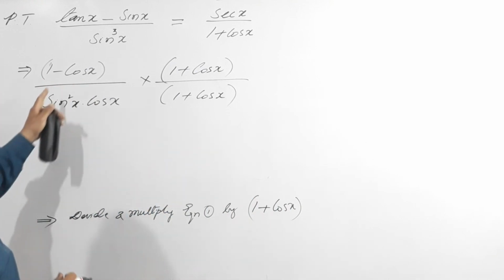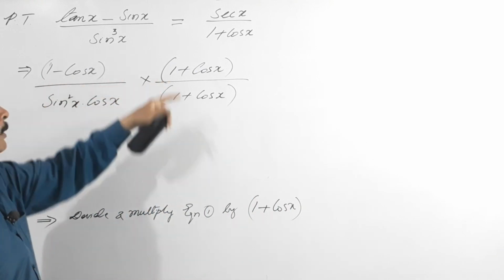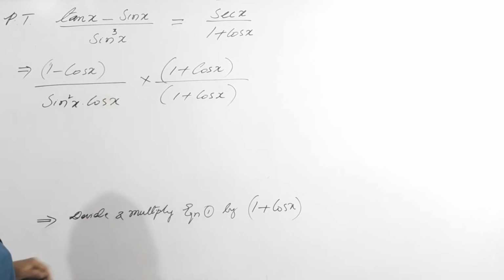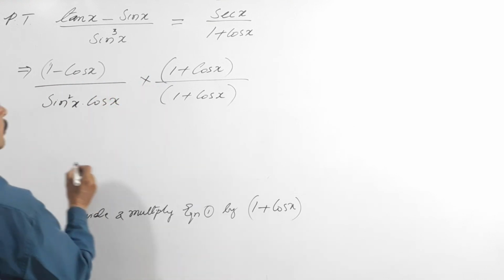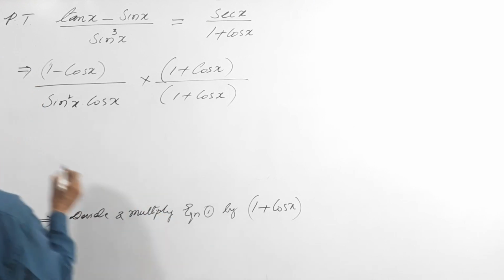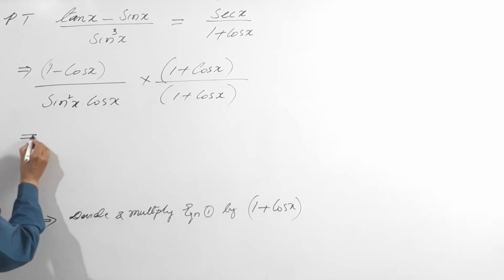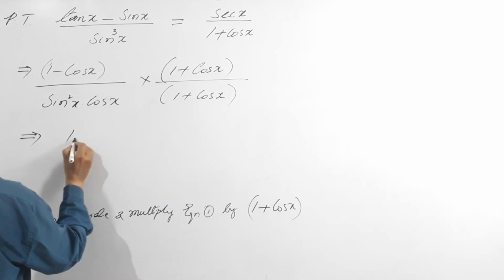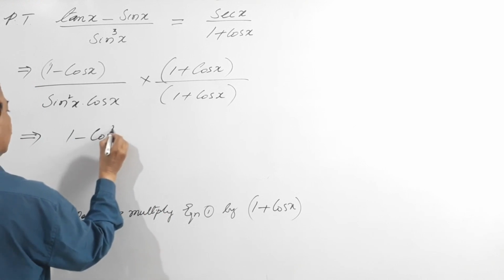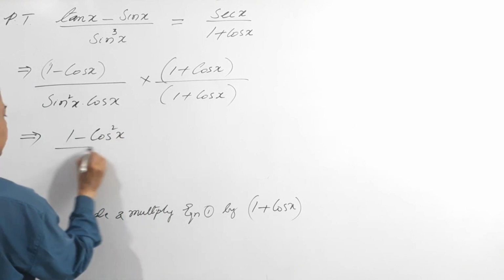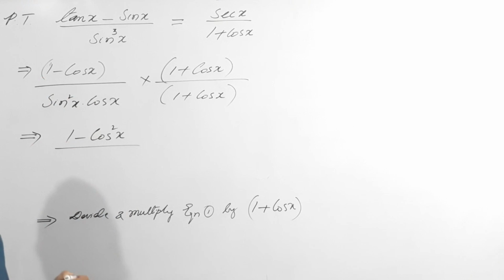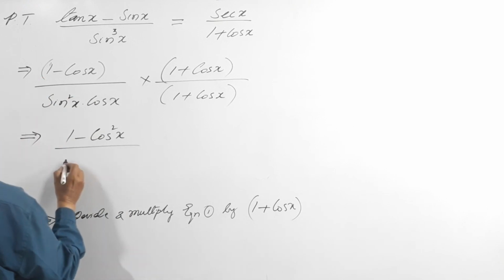So what happens here? 1 minus a into a plus b becomes a square minus b square. So that is equal to 1 minus cos square x, that is 1 square is included, 1 minus cos square x.